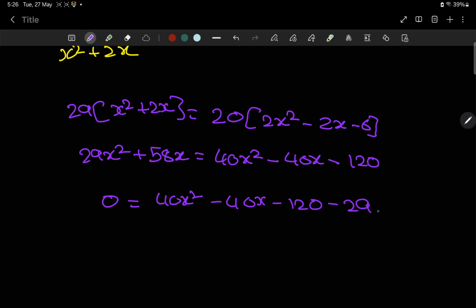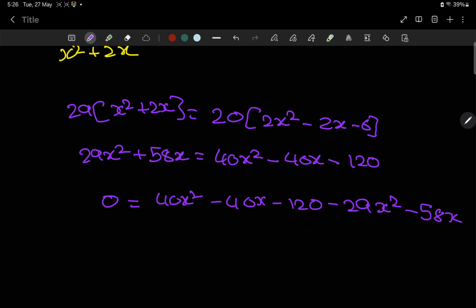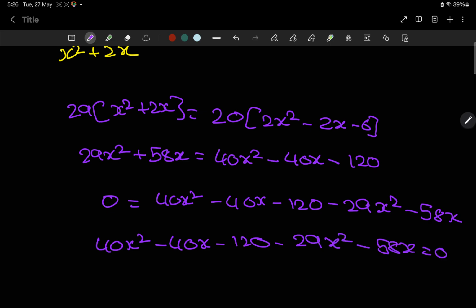It will become minus 29x square minus 58x. Now for our convenience we can interchange the place, like 0 to this side and this whole to this side. So 40x square minus 40x minus 120 minus 29x square minus 58x equal to 0.